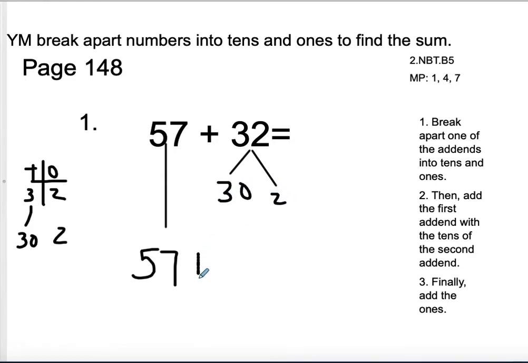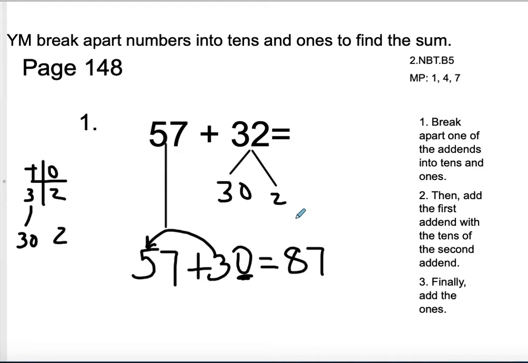So now I'm going to add 57 plus 30, and it's always easy to add with a friendly number when it has a 0 at the end. So I'm looking at my tens digit. 5 plus 3 is 8, and 7 plus 0 is 7.